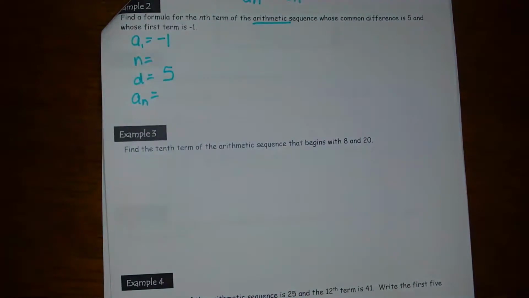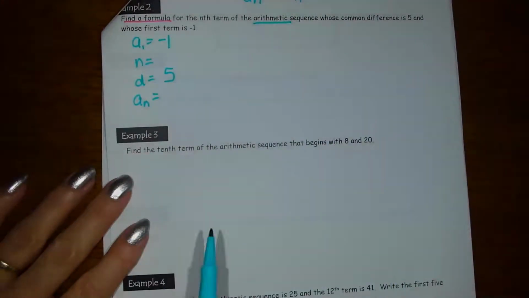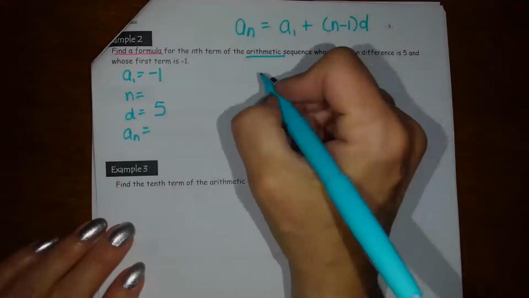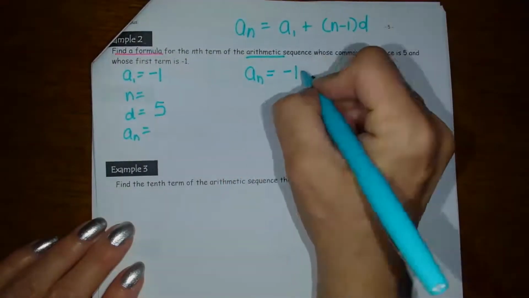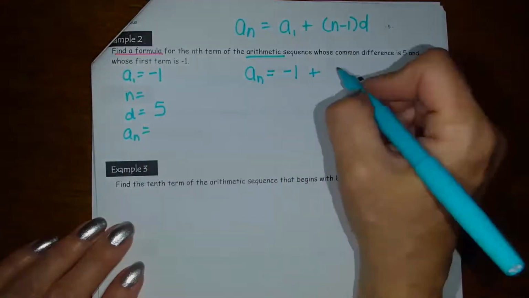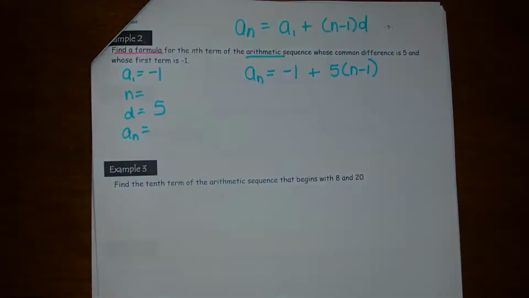Now remember, this doesn't tell you to find an answer. It says find a formula, so you're going to be writing an equation. So we're just going to plug it in with everything that we know. So AN equals -1 plus D times N minus 1, right? I like to write my D on this side.